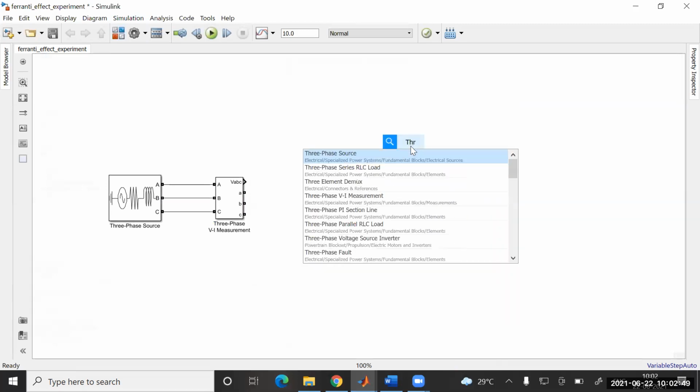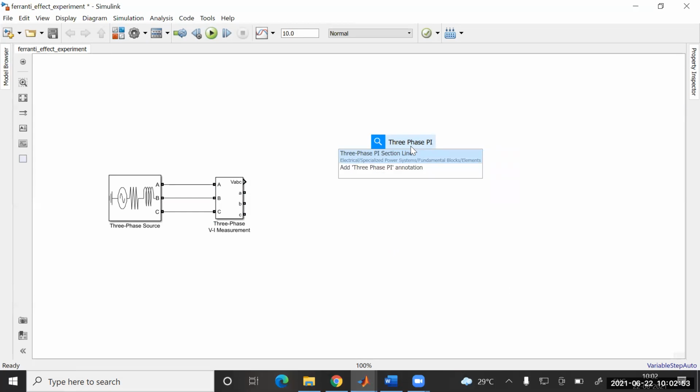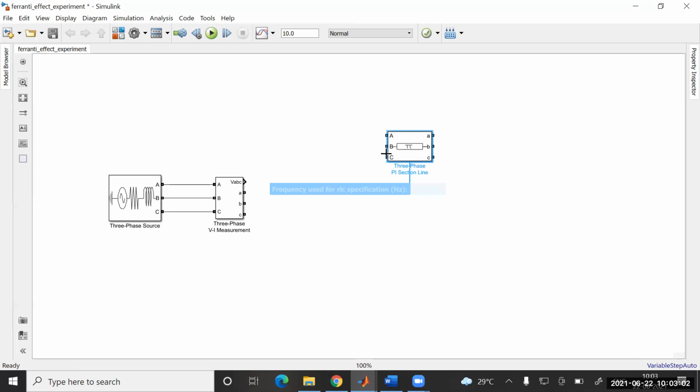Okay, three-phase PI section line. I think it will be there. Yeah, it is there, right? You could consider this.